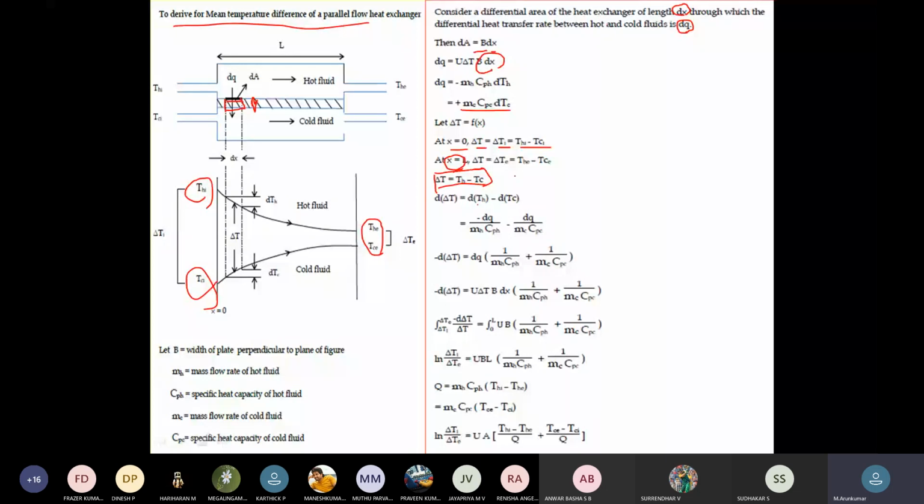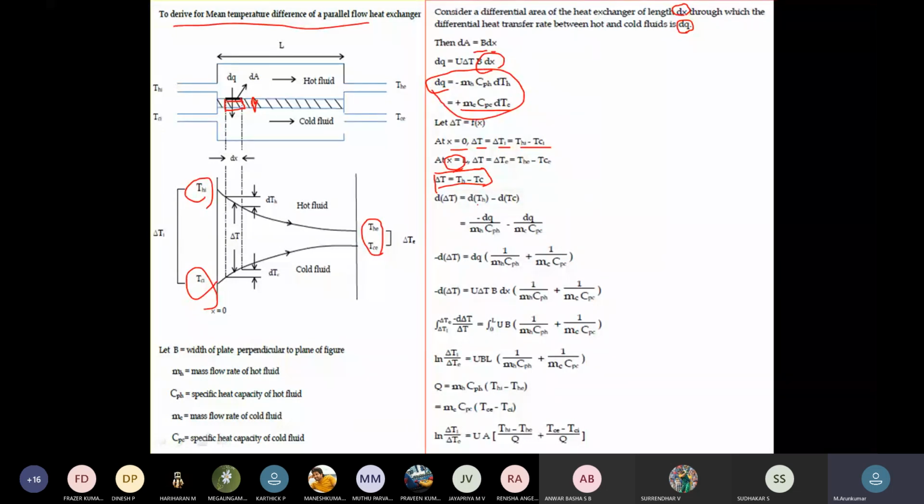This dT_h can be taken from here. If you substitute that, we can write minus dq by m_h c_ph minus dq by m_c c_pc. This equation was introduced here.